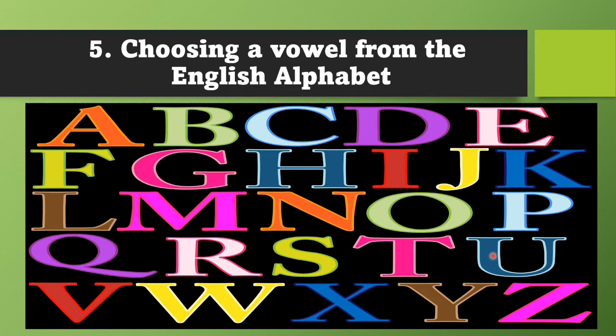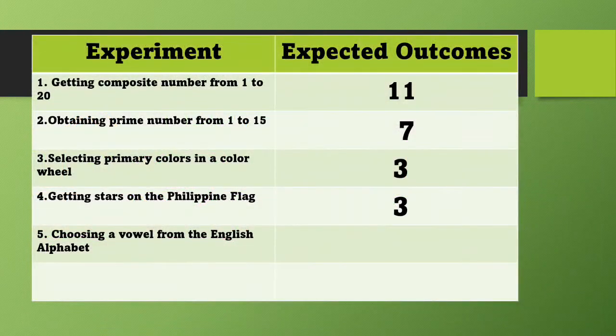So how many? Let us count. 1, 2, 3, 4, 5. We have 5 vowels from the English alphabet. Choosing a vowel from the English alphabet, the expected outcomes is 5.